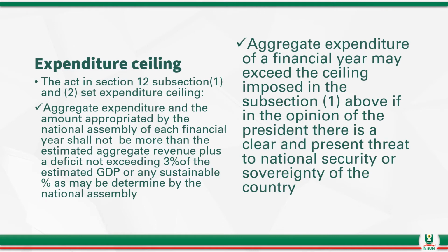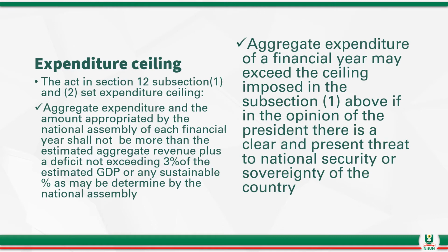Then 2, aggregate expenditure of a financial year may exceed the ceiling imposed in subsection 1 of this section if, in the opinion of the President, there is a clear and present or persistent threat to national security or sovereignty of the country.